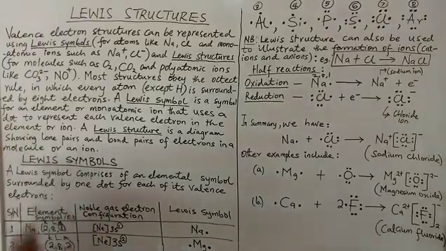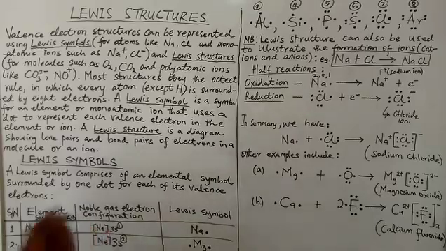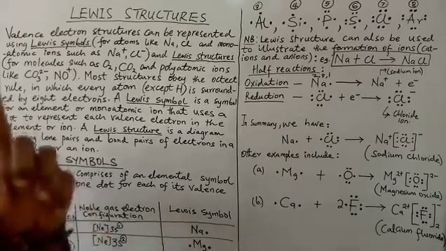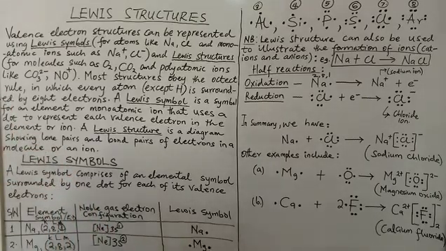To corroborate that, we use the noble gas electron configuration to show that the sodium atom has Ne in square brackets, that is 10 electrons already there, and in the 3s orbital it has only 1 electron. So again, this shows us that we have only one electron in the valence shell or outermost shell.